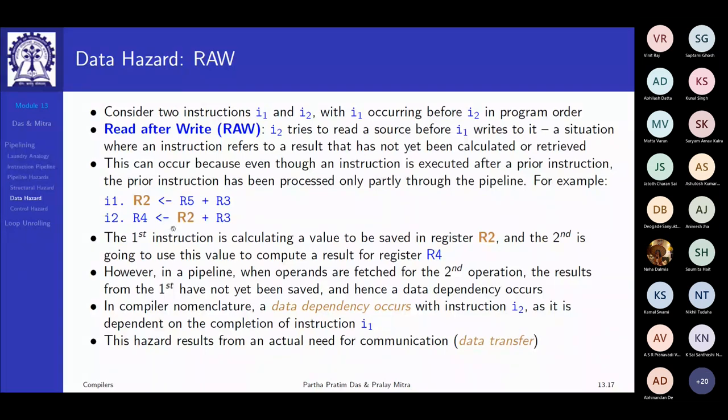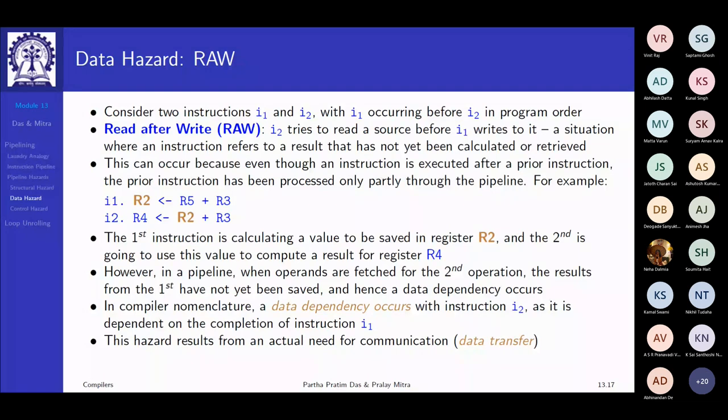Whereas the value that will be read by I2, though I2 is the next instruction, will be read in I2's second stage, which is the instruction decode stage.